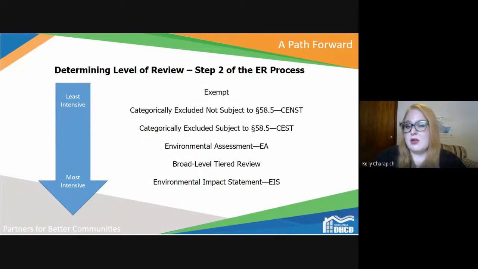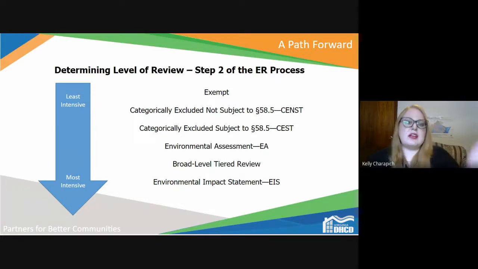You move down to categorically excluded subject to the laws at 58.5, CEST, environmental assessment, also known as an EA, broad level tiered review, and an environmental impact statement, which is the most intensive, and we'll talk about that.